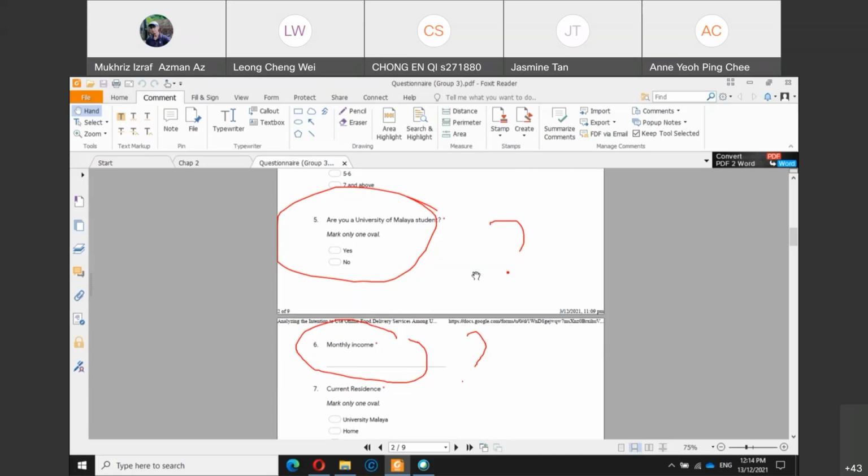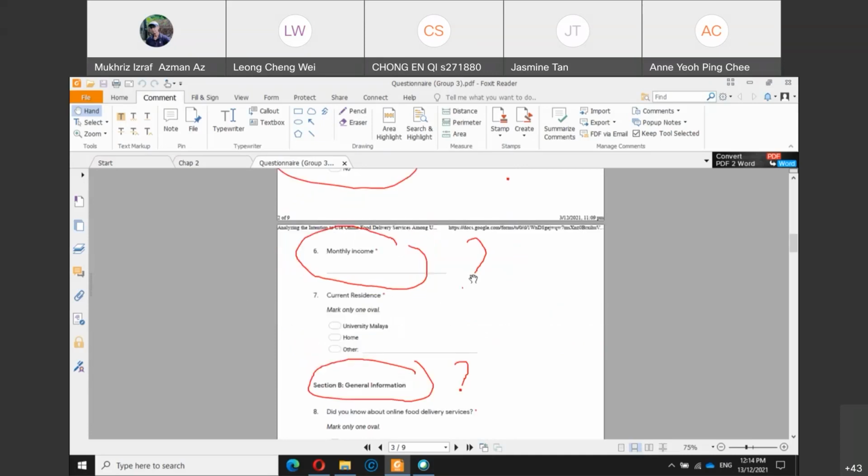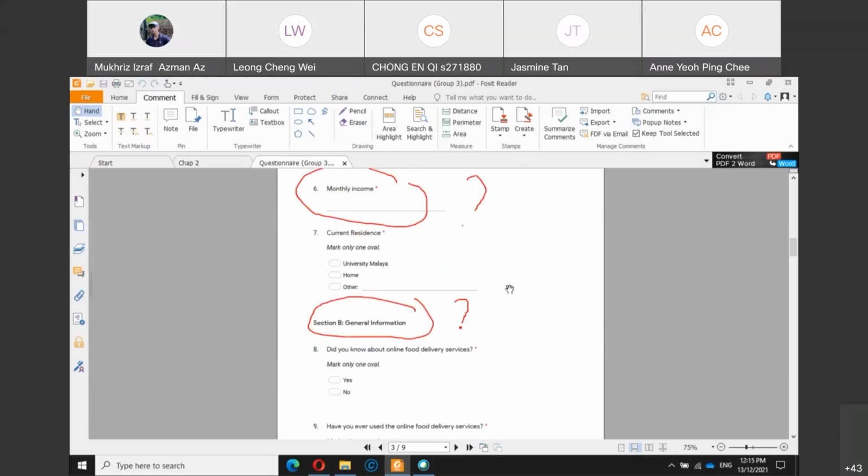So same, these questions you made yourselves, right? For section A, we did edit. For section B questions, we used past studies from the seniors. Current residence: Universiti Malaya, home, other. So what is this question used for?